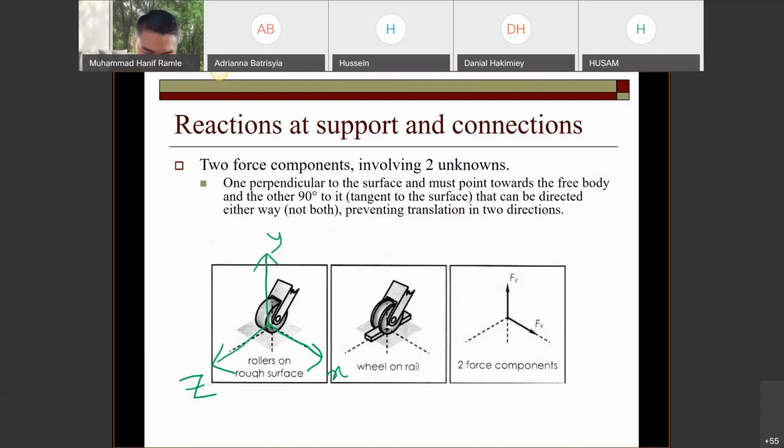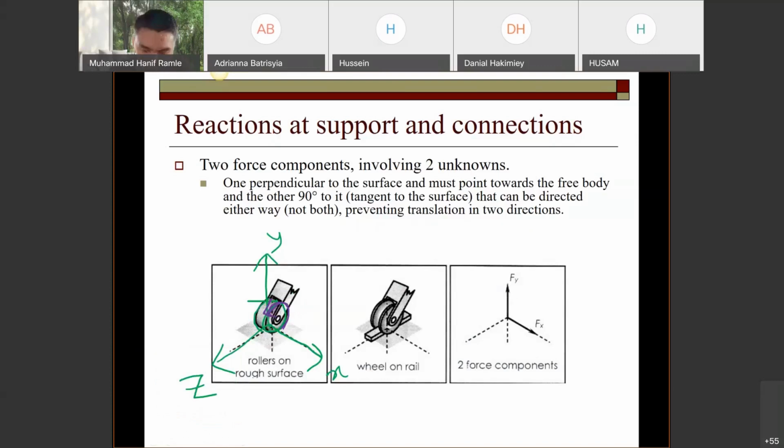So this roller can rotate. If the roller is rotating this way, let me use another color, this rotation like this, for example, it can rotate.